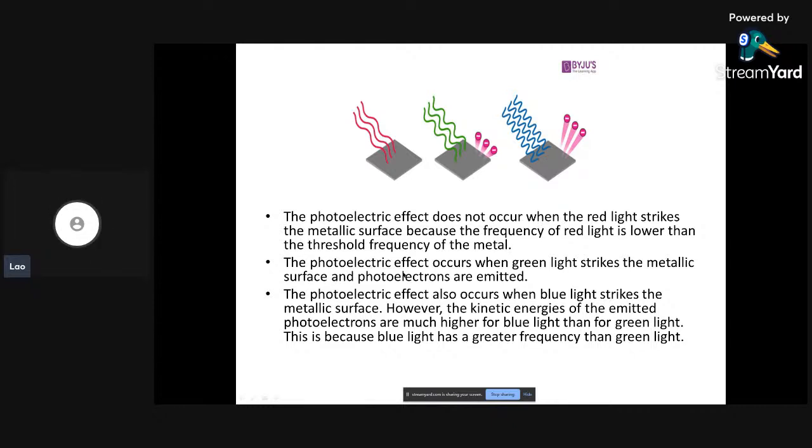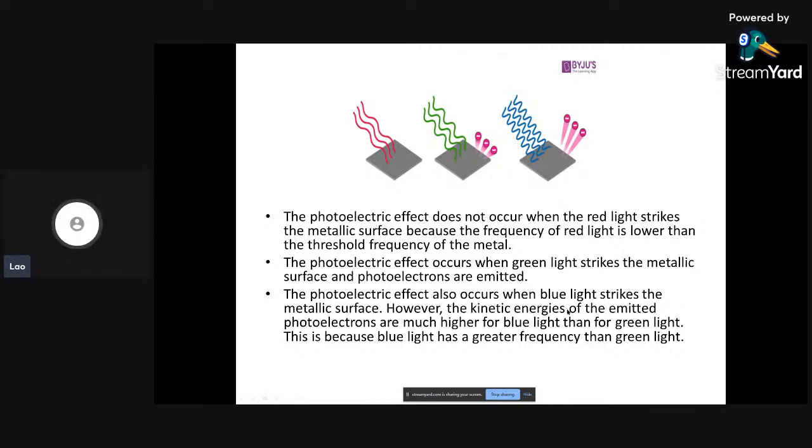So, second one, the photoelectric effect occurs when green light strikes the metallic surface and photoelectrons are emitted. Ibig sabihin may nangyari. Nag-release siya ng electrons pero konti lang. Okay? The photoelectric effect also occurs when blue light strikes the metallic surface.